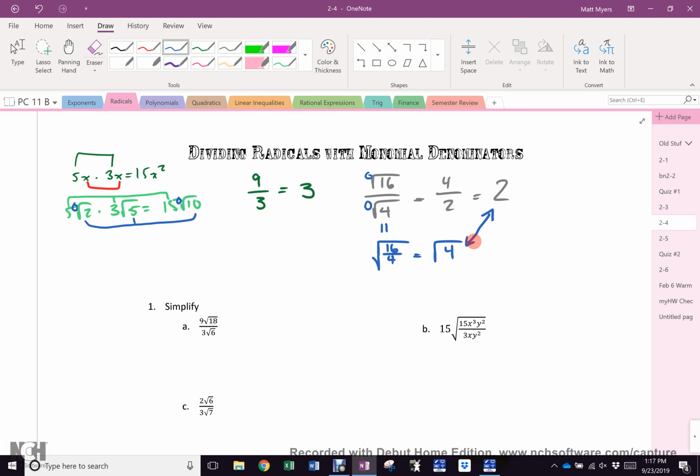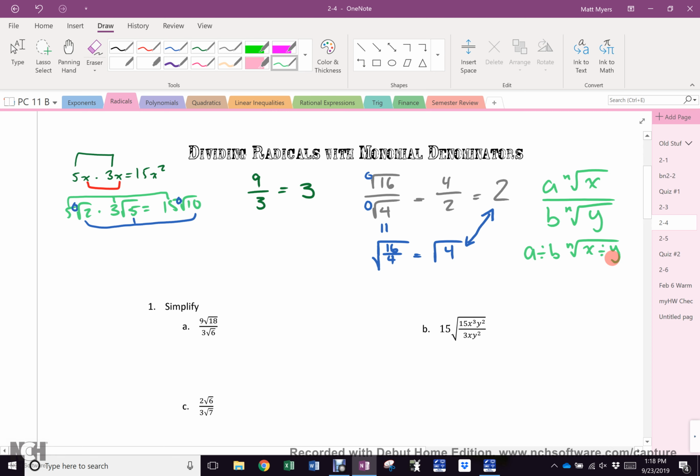Okay, so now you should all already be at this spot. a n root x over b n root y, because they have the same index, is a divided by b n root x divided by y.